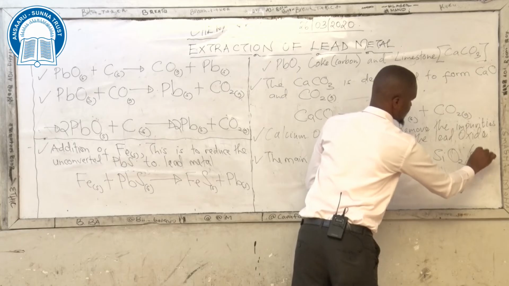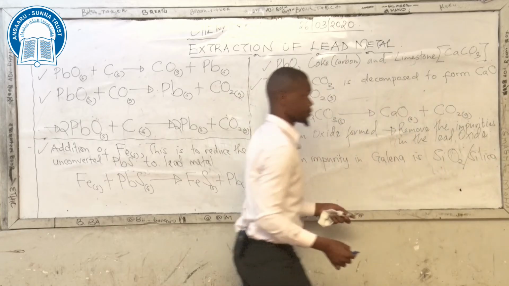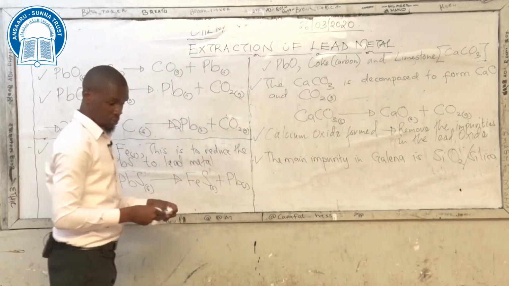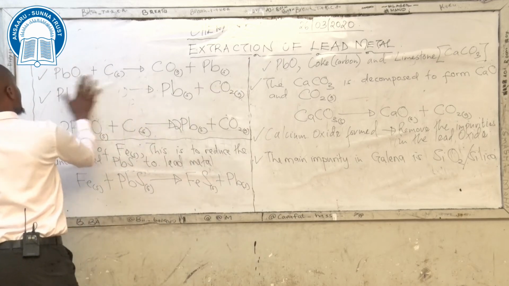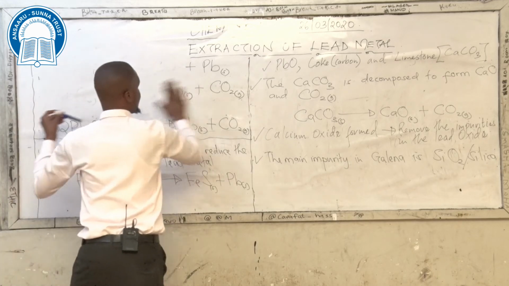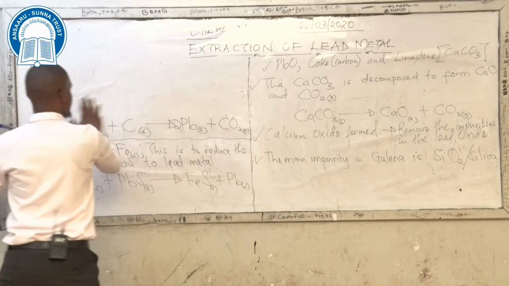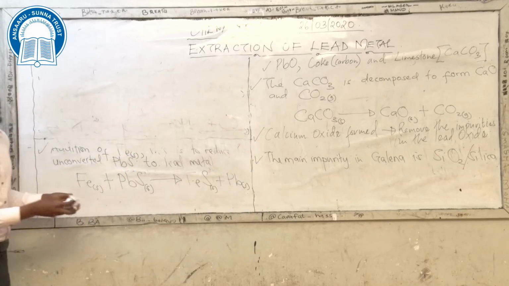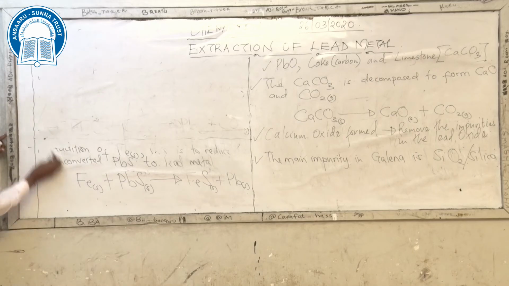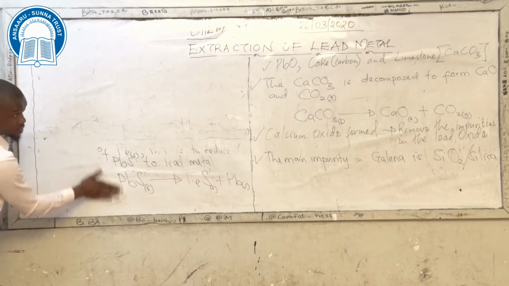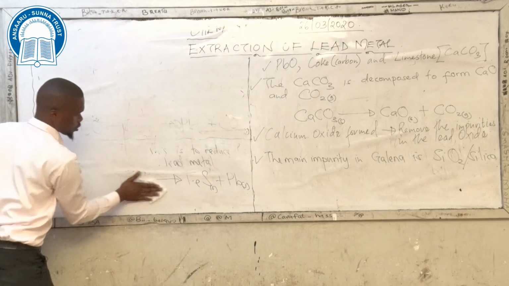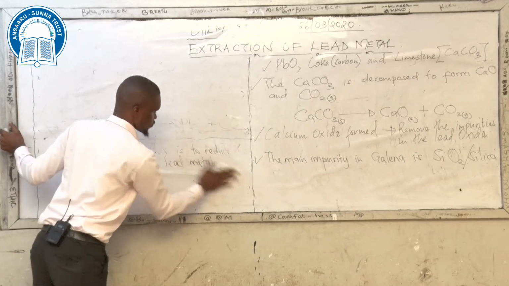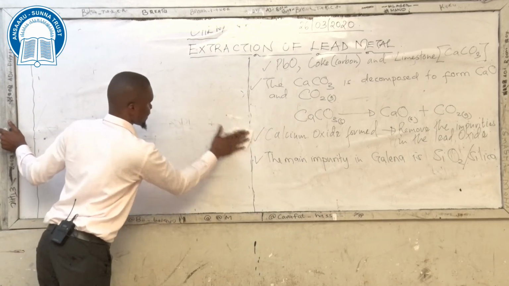In other words, silica. So the calcium oxide formed after the decomposition of limestone reacts with the silicon dioxide to form calcium silicate.